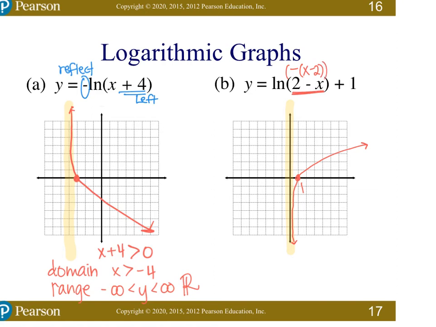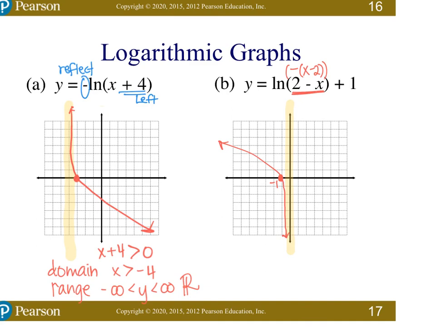So that tells me that negative is now inside the ln, which means a reflection over the y-axis. So I am going to turn my graph around and reflect it the opposite direction over the y-axis. So it's now going through negative 1 and has been reflected.